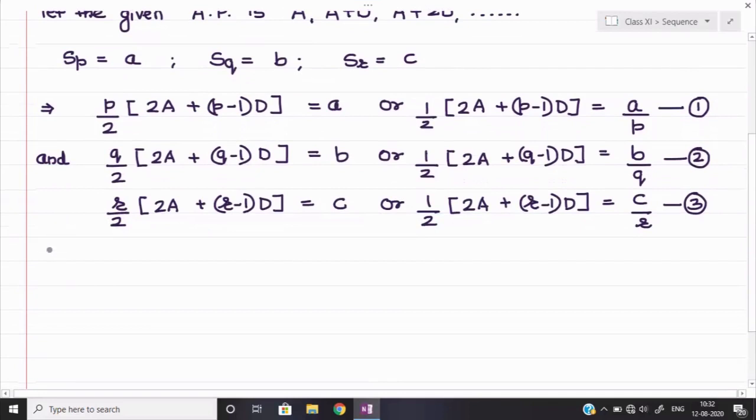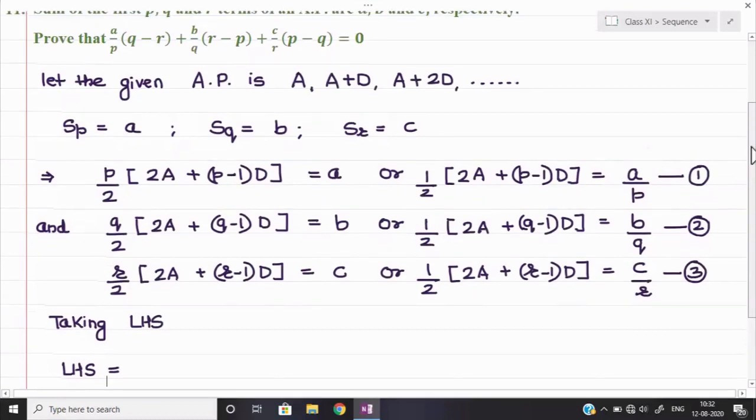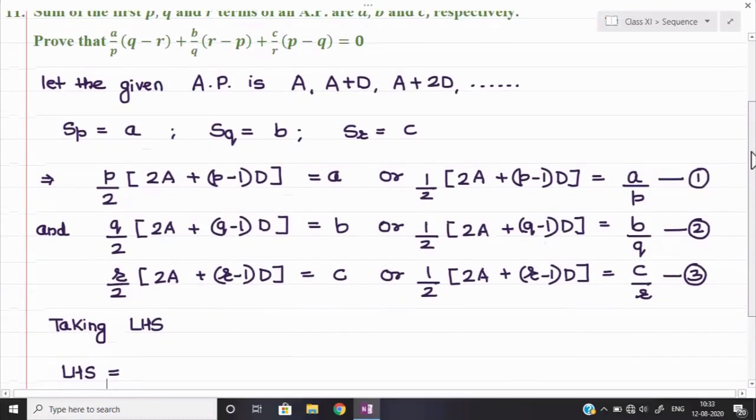So first I am taking the left hand side, LHS. See, first of all, the LHS that we have been given is a upon p into q minus r.